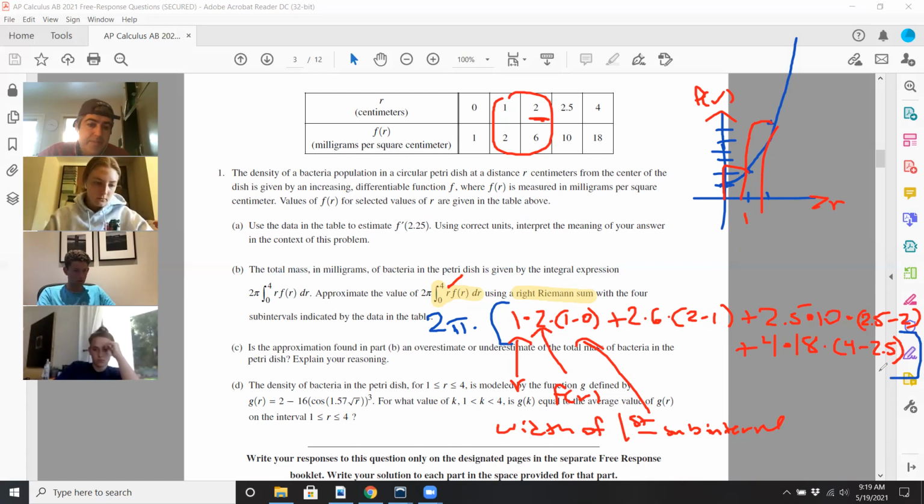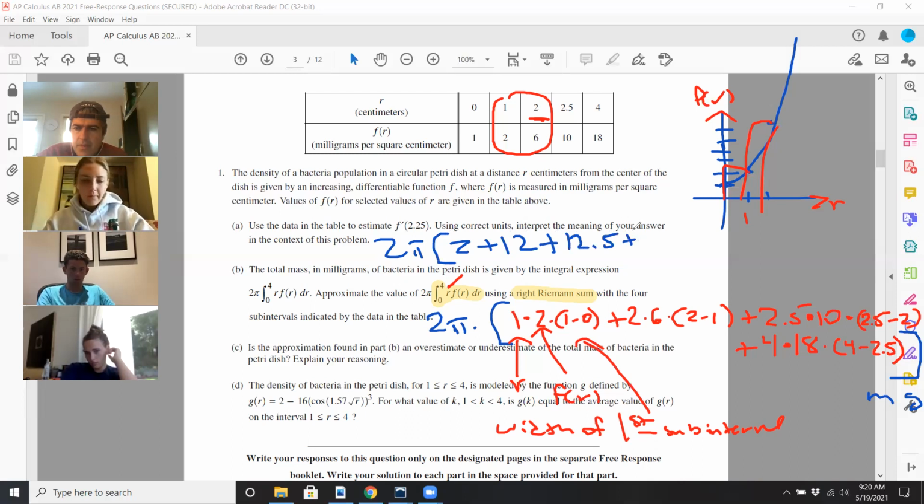And by the way, you can leave your answer like that. Totally fine, but make sure you give the units, which is going to be just milligrams, because it says the total mass. You don't actually have to simplify. If you do, then of course it's going to be 2 pi times 2 plus 12 plus 25, 12.5? Yeah, 12.5. 108.